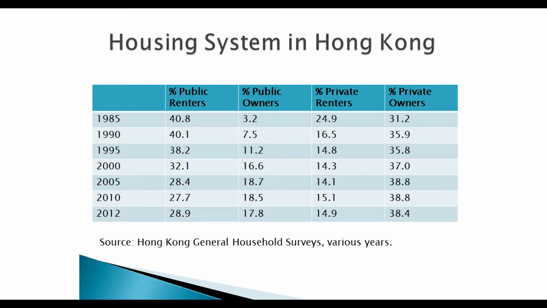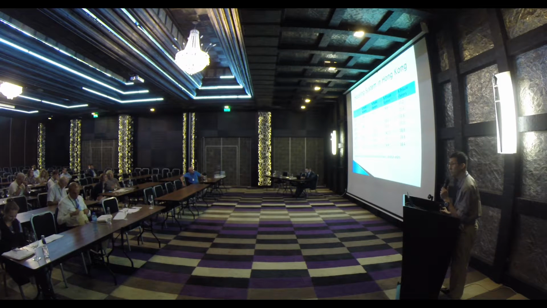In 1985, people living in public rental units accounted for more than 40% of the population. 40.8% of the population lived in public rental units, and over the years that has decreased. As you go down the column, you can see that it has decreased somewhat, but that's because the government is encouraging ownership.